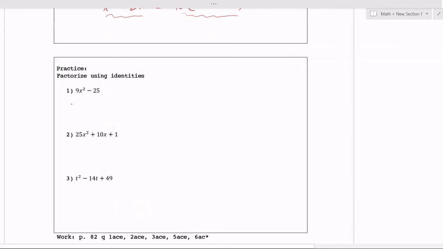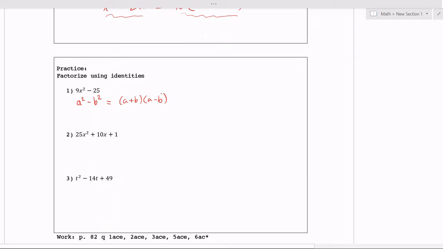So I'm going to notice that this one kind of looks like a squared minus b squared. I get that because first term is a square number, 9x squared, second term, a square number, it's 25. And I know that a squared minus b squared is equal to a plus b, a minus b.